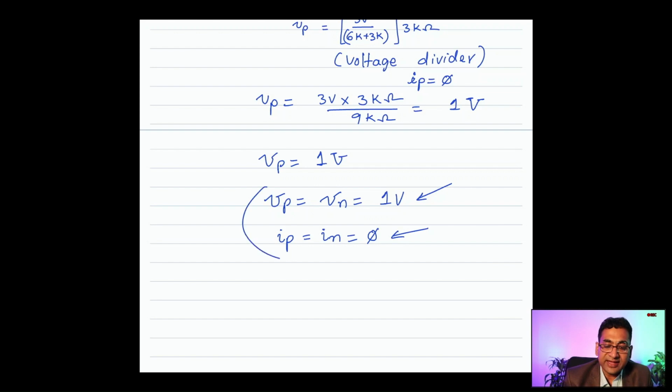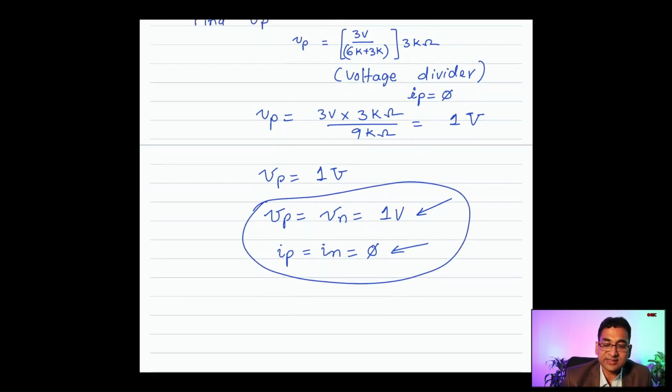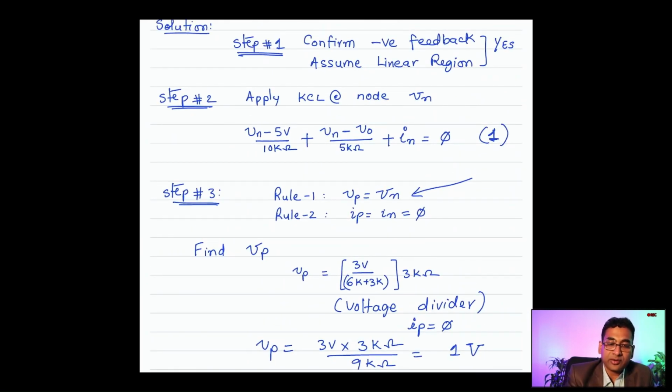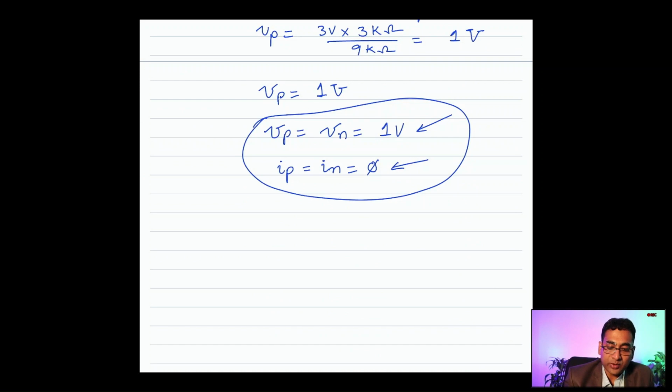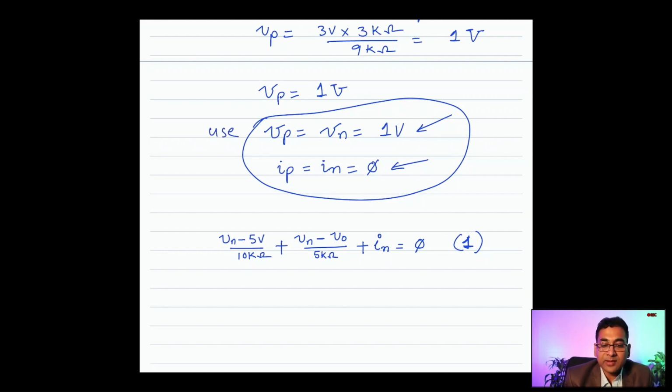So both of these results, look what I'm going to do. I'm going to use them in equation 1: Vp equals Vn equals 1 volt and Ip equals In equals 0.